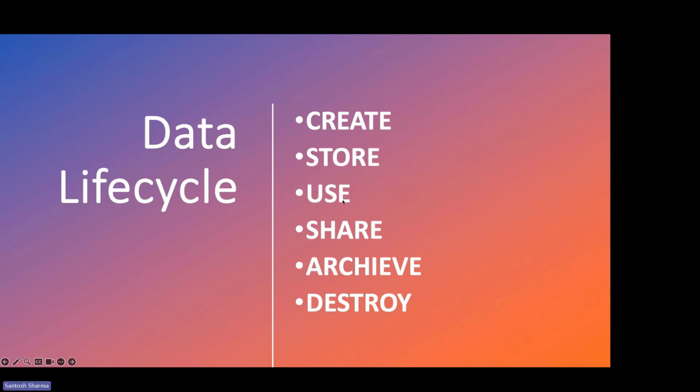Another question is, what are the controls that we need to put into the use phase? Use is the most vulnerable phase. Why is that vulnerable? For example, you have shared me a link of a PDF file which is stored in SharePoint, and your SharePoint is well protected with all kinds of access lists, but I'm accessing the link that you have shared on my laptop, and my laptop does not have antivirus, right?